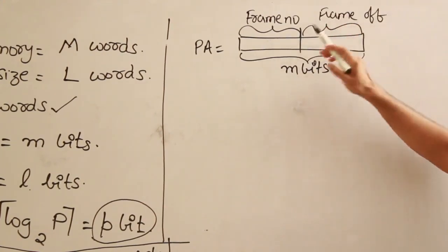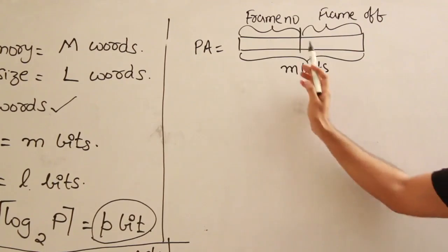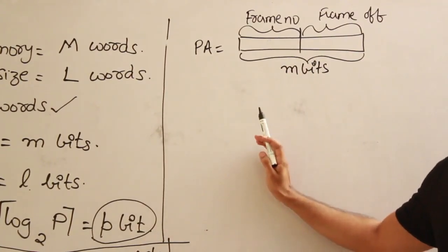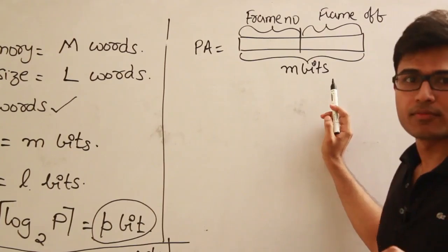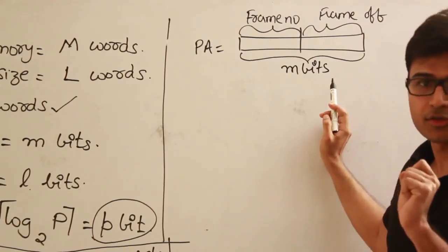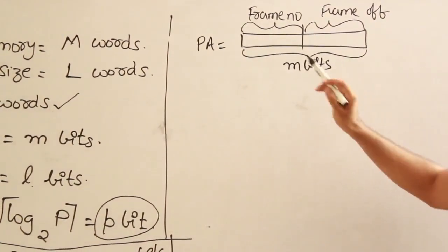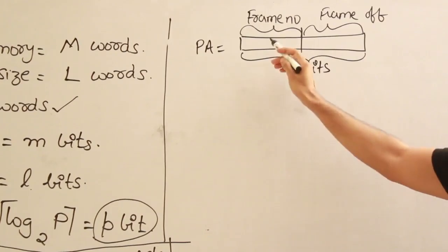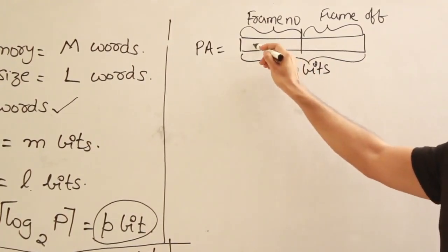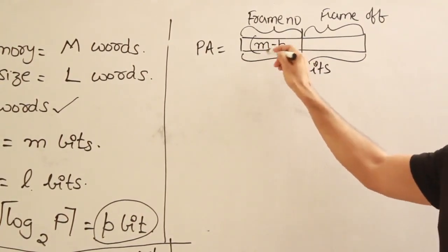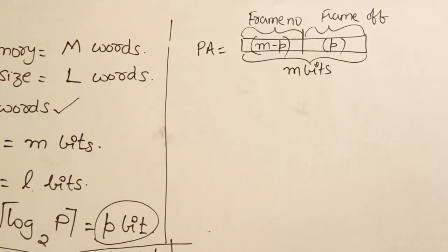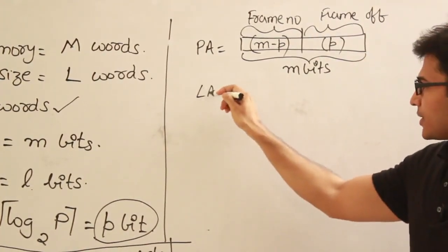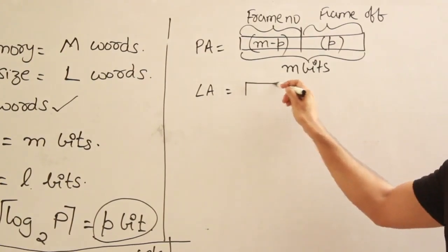So I think you understood now. Frame number is used to go to a particular frame in the main memory, and then frame offset is used to go to that particular word in the frame. Got it? And now how many bits are here? The number of bits required for the frame number will be m minus p, and the number of bits required for the offset will be p bits. Got it? And similarly, logical address space is going to contain two parts, right?